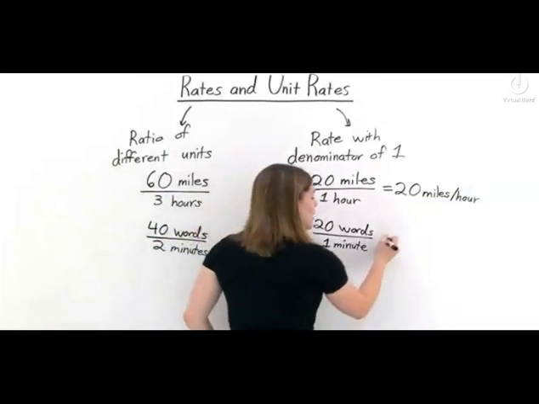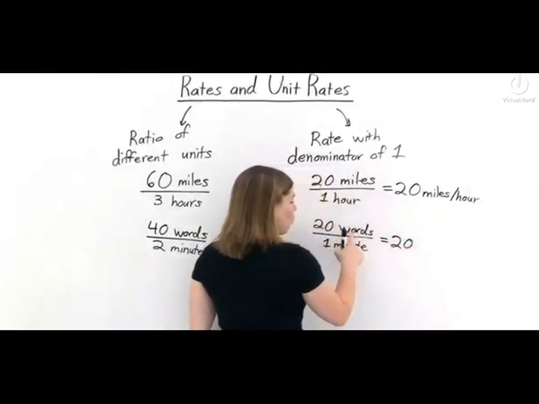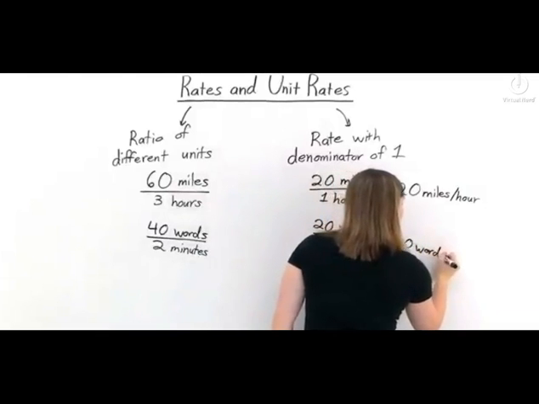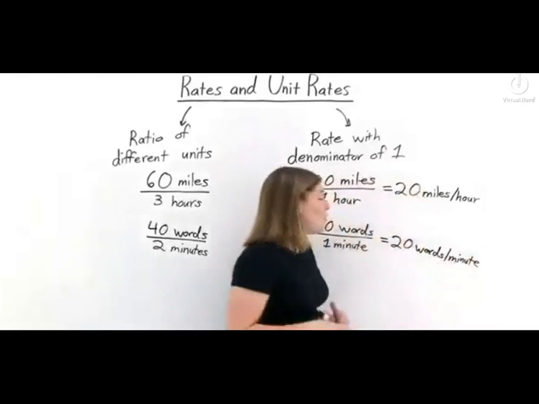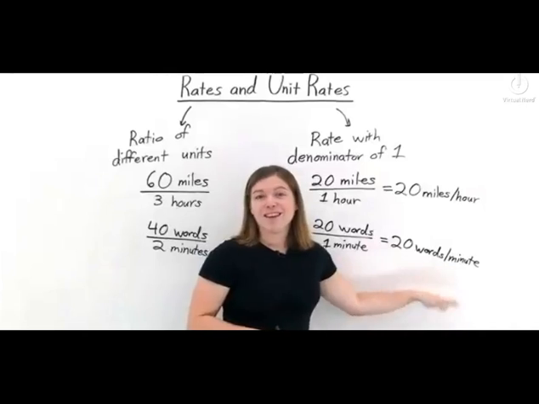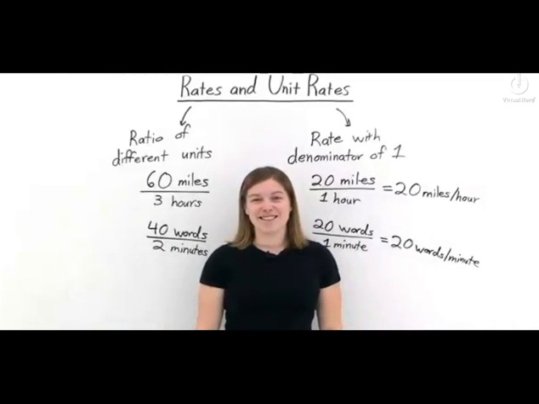Now we can also rewrite this. 20 over 1 is the same as 20. Words over minutes means that we have words per minute. So that would be something like saying you could type 20 words per minute. So now we know a little bit more about rates and unit rates.